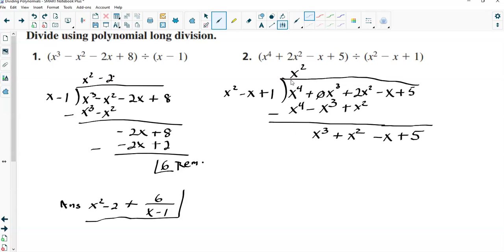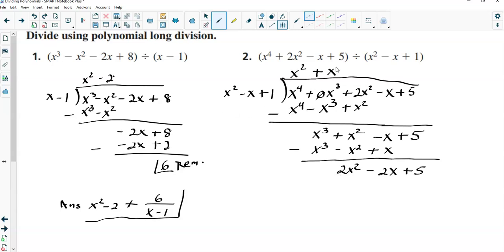X cubed divided by x squared, that's just x. X times x squared is x cubed. X times negative x is negative x squared. X times 1 is 1x. Subtract. X cubed minus x cubed is 0. X squared minus negative x squared, that's plus x squared. So 1 plus 1, that's 2x squared. Negative x minus x is negative 2x. Lower your 5.